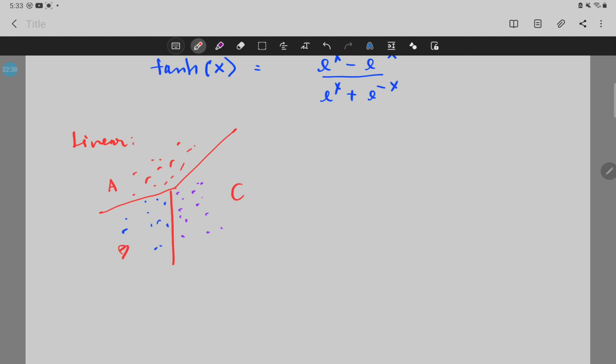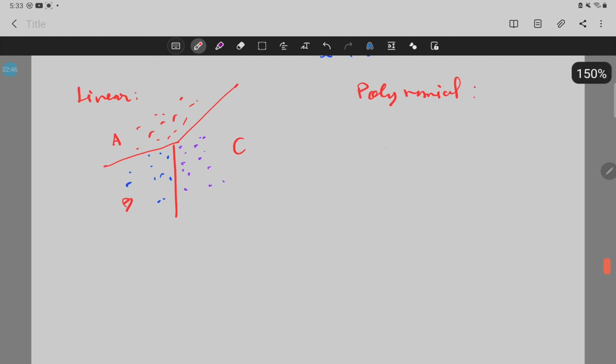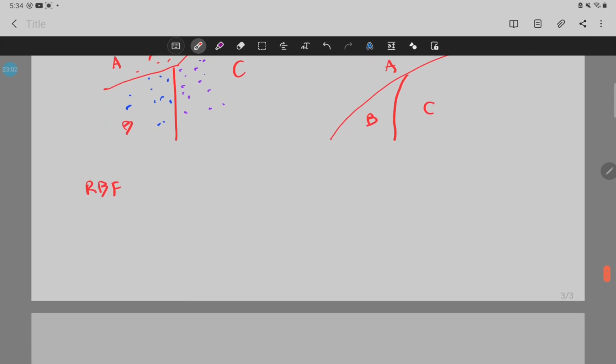If you look at polynomial, you may have the boundary like this. So it's curvy, like a polynomial function. If you have RBF, you may have something that's more of a circular boundary.